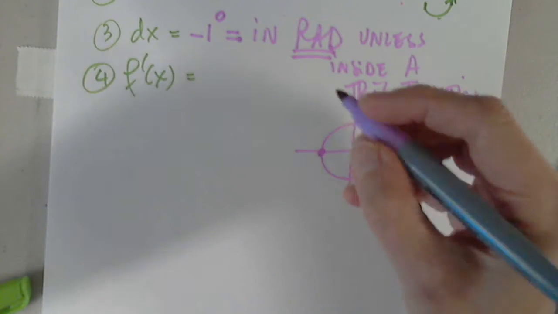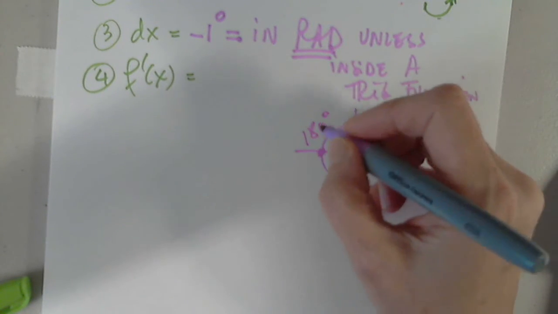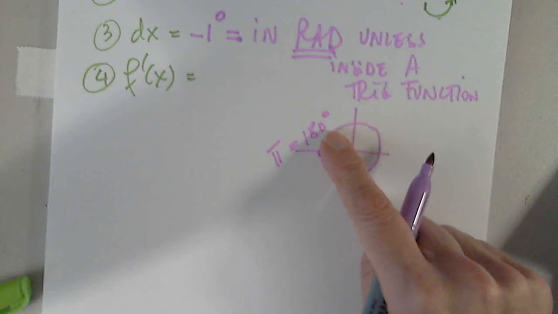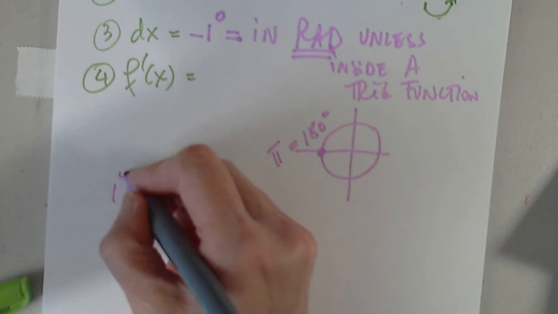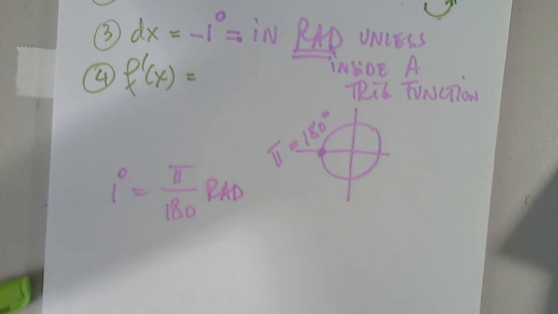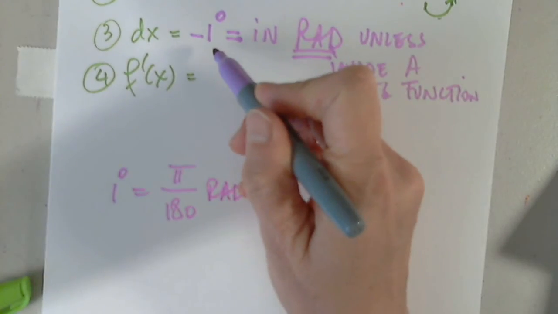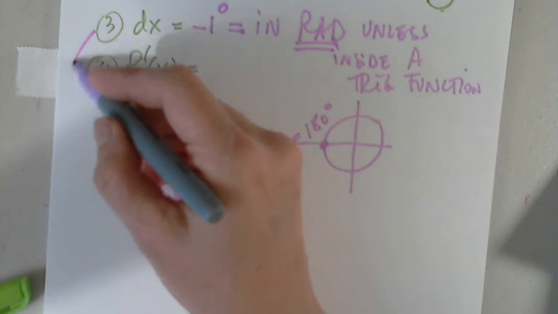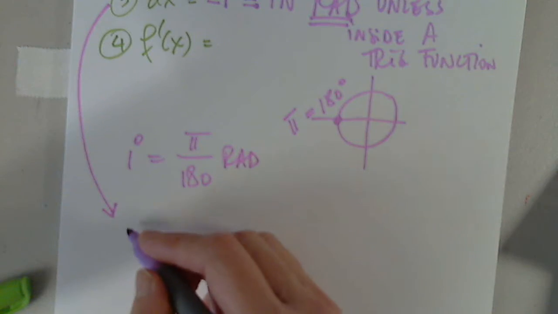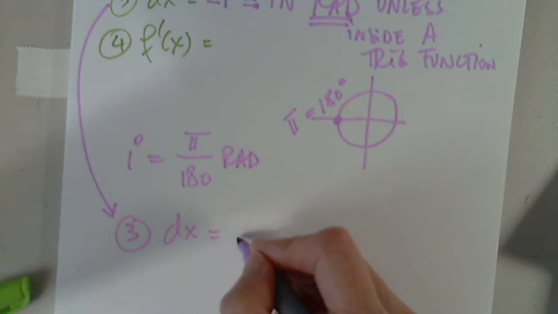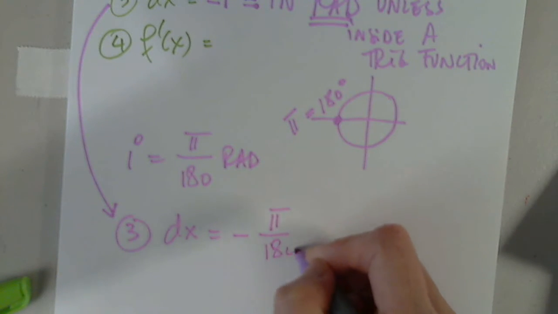I know that this point is 180 degrees, but also pi radians. So if I want 1 degree, it's pi over 180. 1 degree is pi over 180 radians. So I have to change this into negative pi over 180. So number 3 gets changed, because I don't have enough room here, I wrote too much. So dx is basically negative pi over 180.